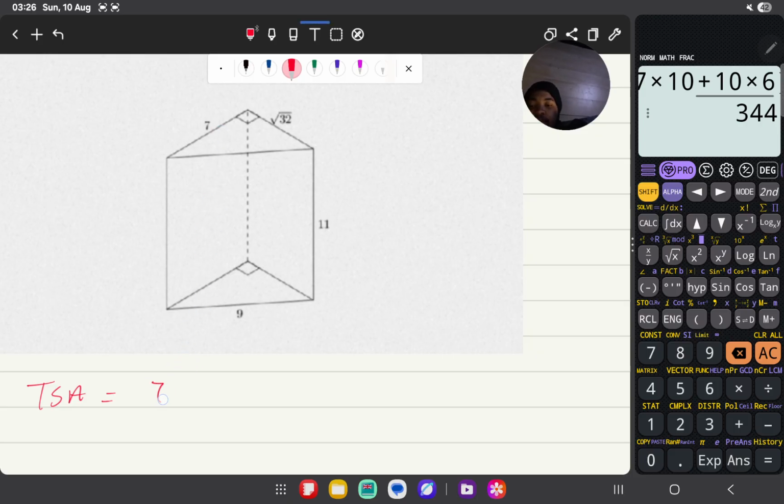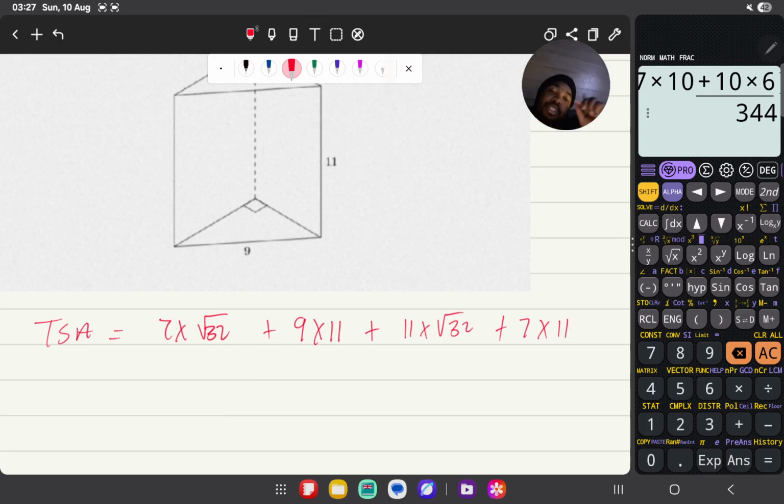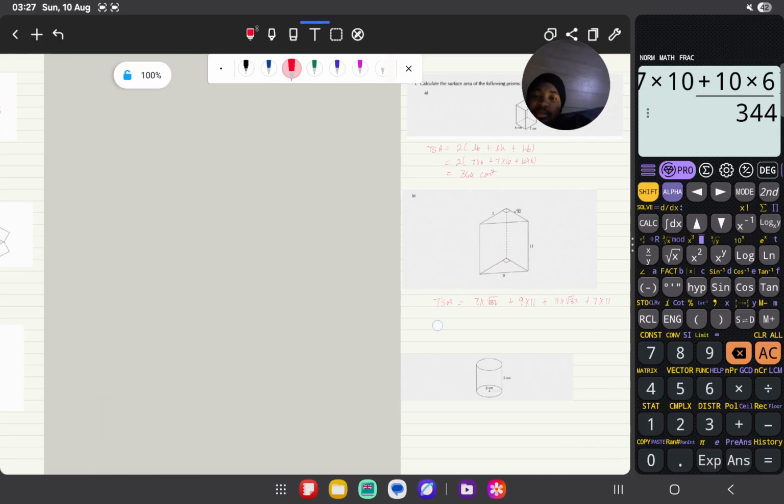So here I have 7 times square root of 32. This is the area of both of my triangles. And then I'm going to say plus 9 multiplied by 11. This is the base. And then plus, now this side, it's 11 and square root of 32. So 11 times square root of 32. Then I'm coming to the other side where we have 11 and 7, plus 11 times 7, or 7 times 11. Woo! We almost slipped.